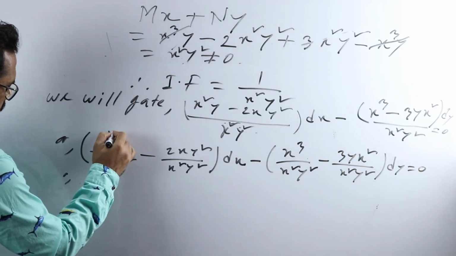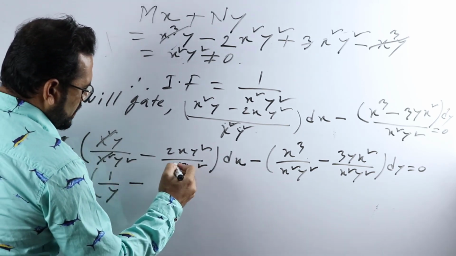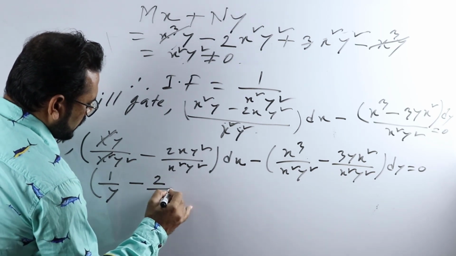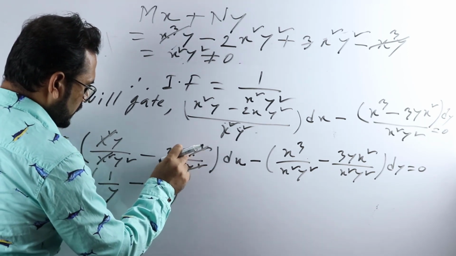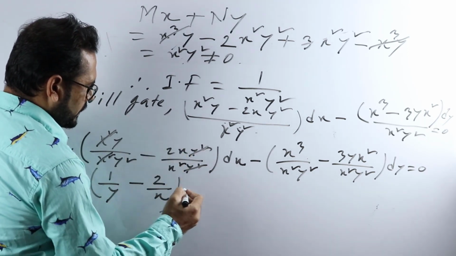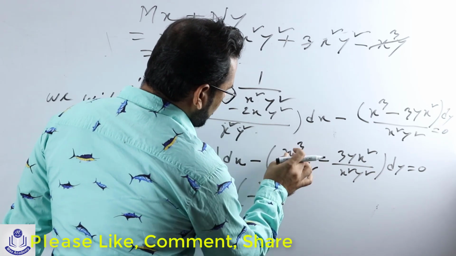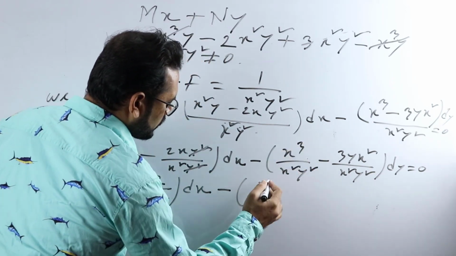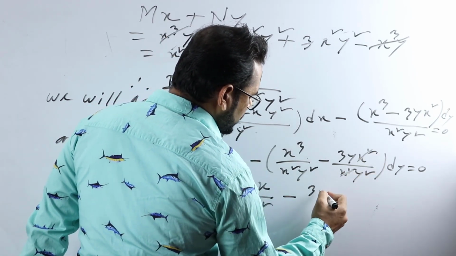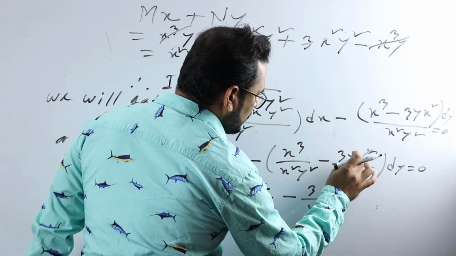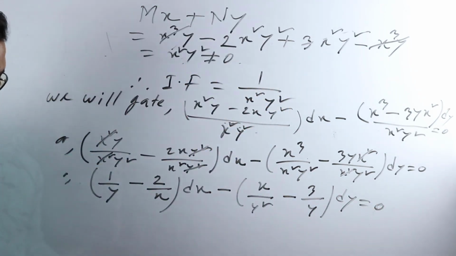Then it will be 1 divided by y minus 2 divided by x, because this y and this y cancel here, x square and here is x, so it will be 2 divided by x, and this dx minus x divided by y square, because here x square and there is an x cube, then it will be x, and there is y square, minus 3 x square cancel divided by y, because there is a y and here is x y square, and dy is equals to 0.